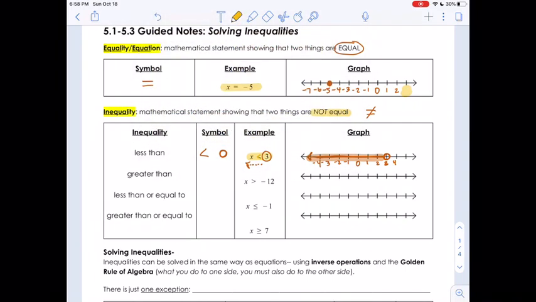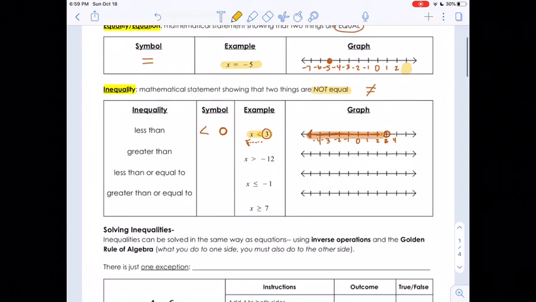Our answer could be 2.5. Our answer could be 2.999, but it does not go up to 3. It doesn't include 3. Anything less than 3 will work, and anything greater than 3 will not work.